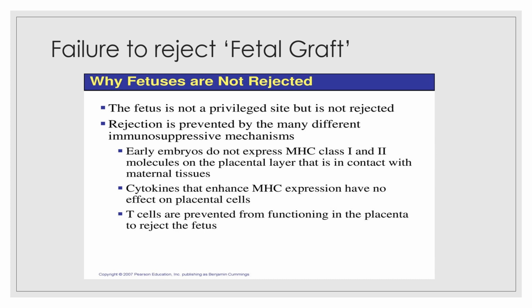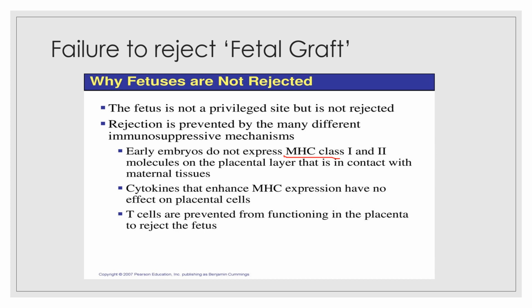One important point is that it is at the interface. One explanation is that at the placental trophoblast, the placental trophoblast is the interface between the fetus and the mother. So it separates the maternal and the fetal tissue. It does not express MHC1 or MHC2.